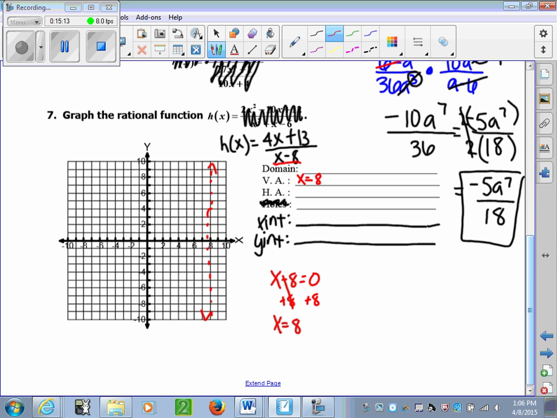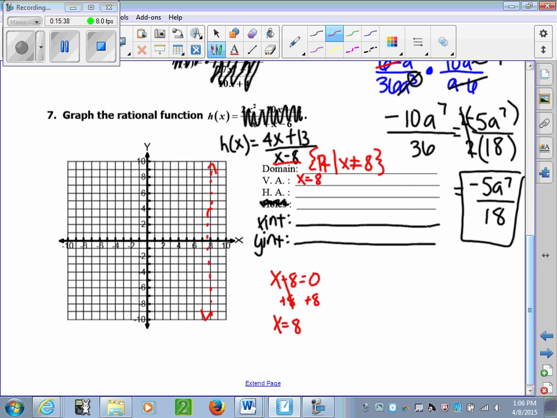Where I have a vertical asymptote, remember that is where my domain is undefined, which means when I write my domain, I write it as all real numbers such that x does not equal where I have an asymptote, which is 8. Okay, and the squiggly brackets say it's a set of, so the set of all real numbers such that x does not equal 8. All right, so I answered 2 questions there already.